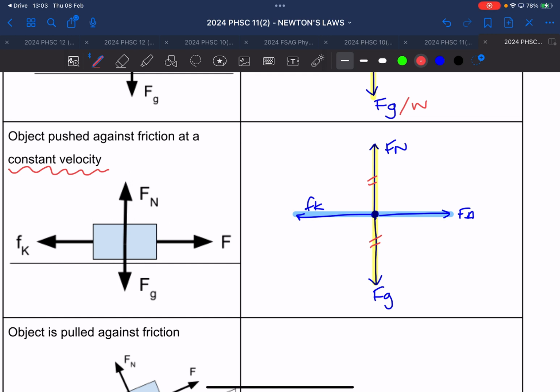So it means the right and the left must be equal to one another. They do not cancel each other out, they're just the same size. If this one was bigger than that one, then the object would accelerate forward. It would go faster and faster. But it's not. It's just going at a constant velocity.